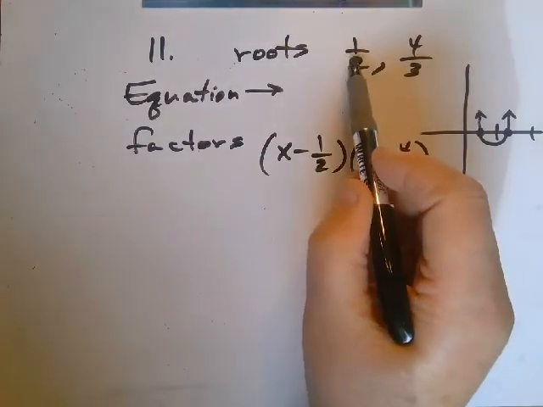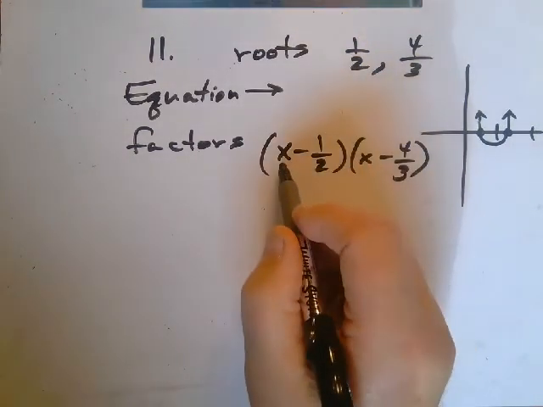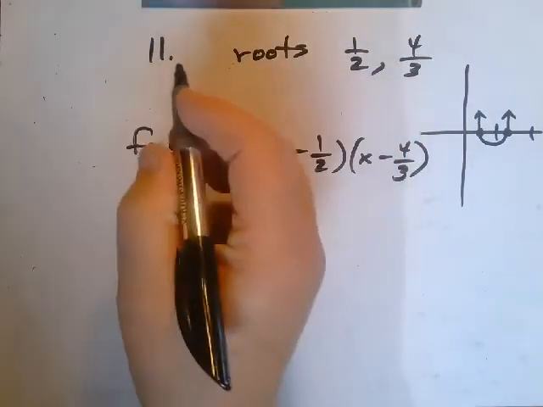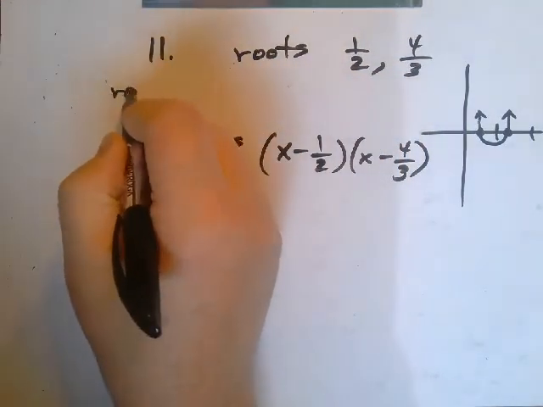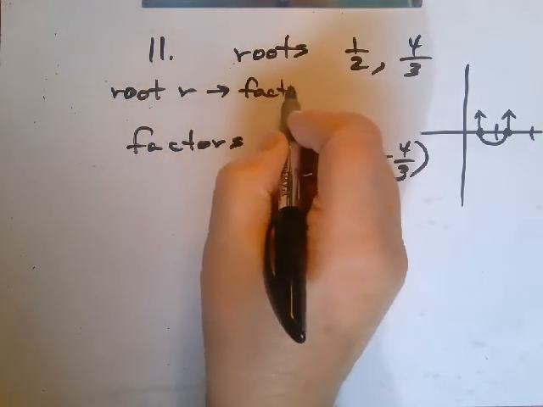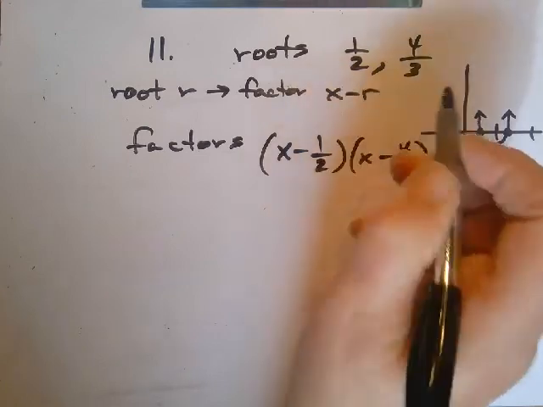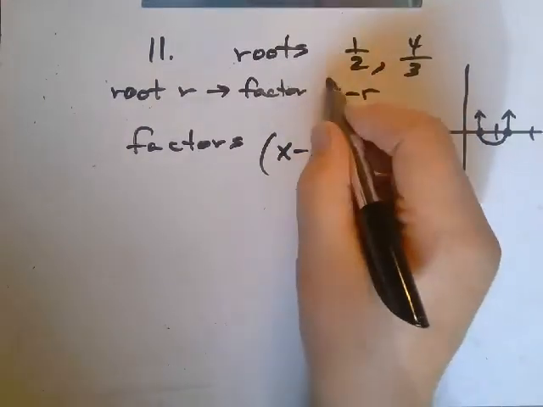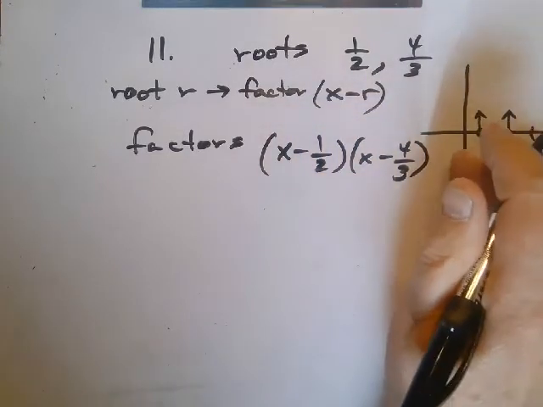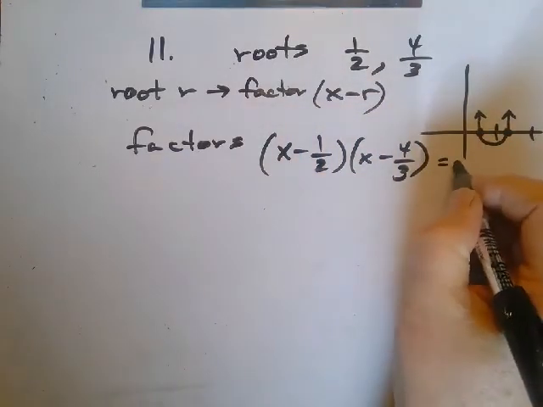If this is the root, then the factor is x minus a half. Remember again that here's something you should have at the top. If the root is r, then the factor is x minus r. Okay? Factor is going to be x minus r. So there are 2 factors, and if we FOILed those, we'd end up with a quadratic.